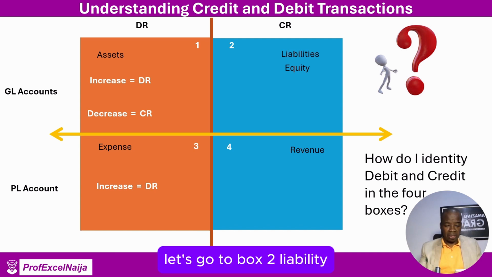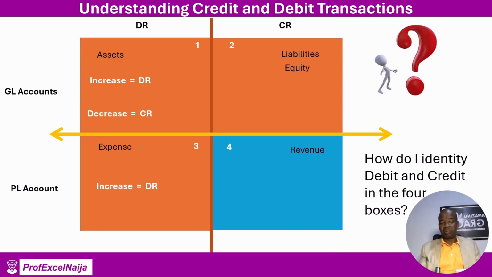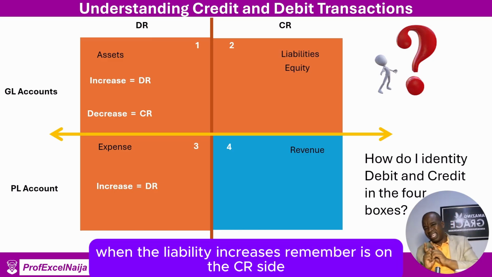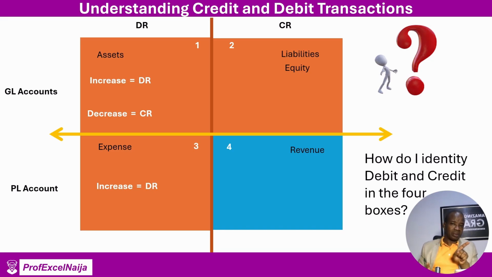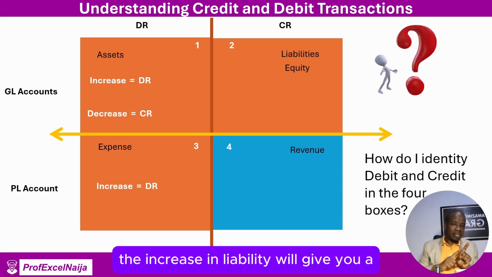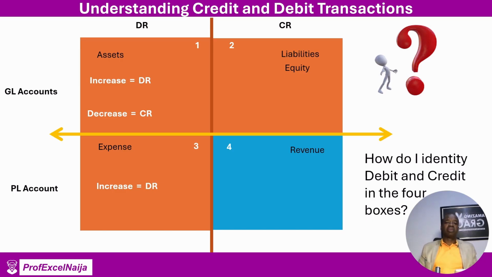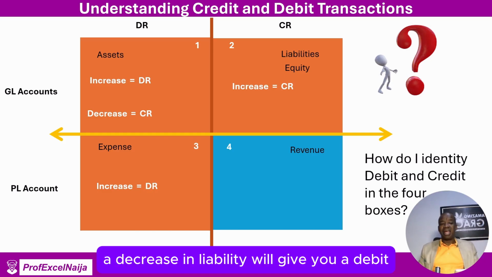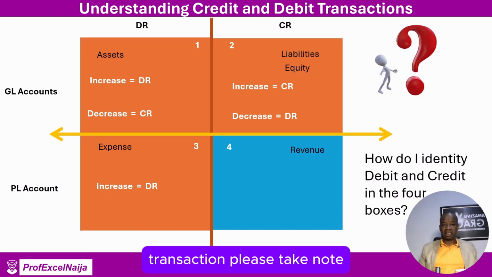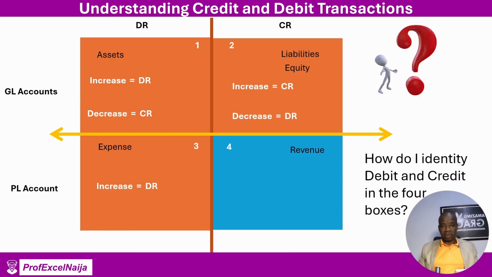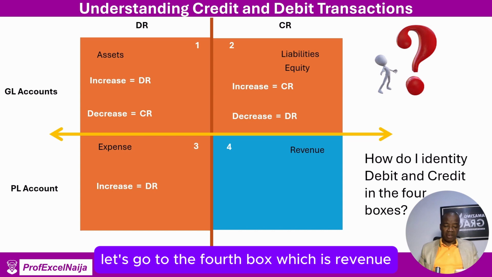Let's go to box 2, liability. When the liability increases, remember it is on the CR side. The increase in liability will give you a credit transaction, but a decrease in liability will give you a debit transaction. Please take note. Let's go to the fourth box, which is revenue.